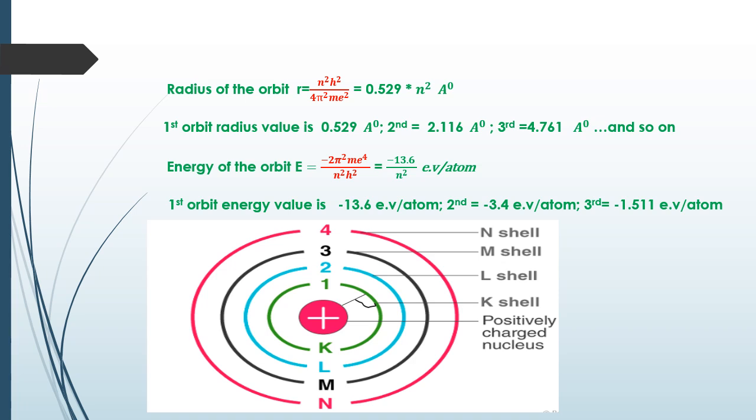All these atoms have more than one electron. That's the reason it cannot explain them. It cannot explain the Zeeman effect and Stark effect. Here we can discuss these two effects.